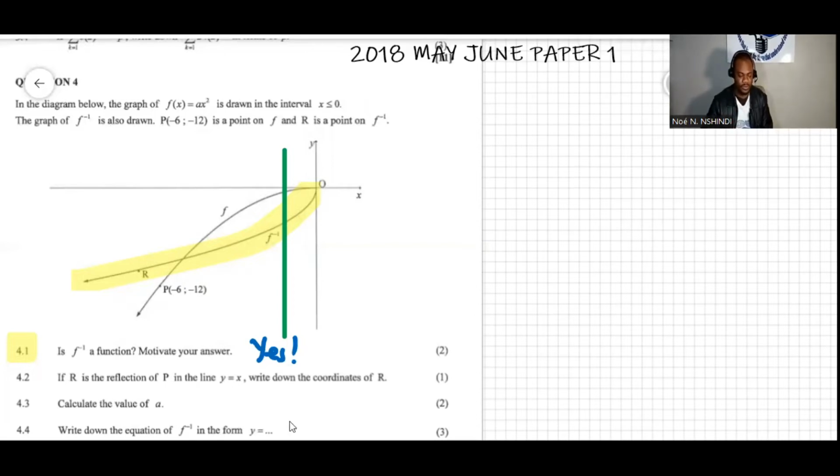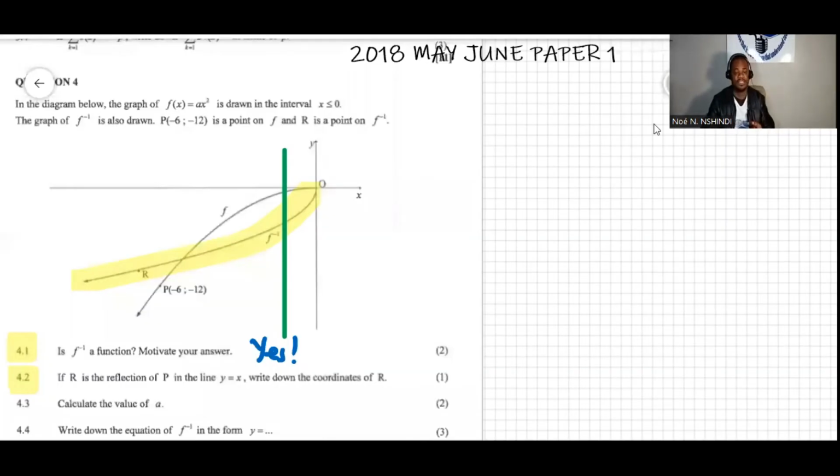Now, question 4.2. The question says that if R is the reflection of P in the line y = x, write down the coordinates of R. It is important to note that the reflection in the line y = x is where we switch the values of the coordinates.